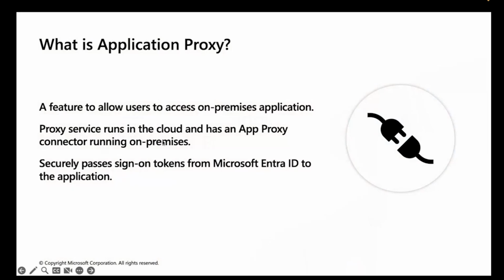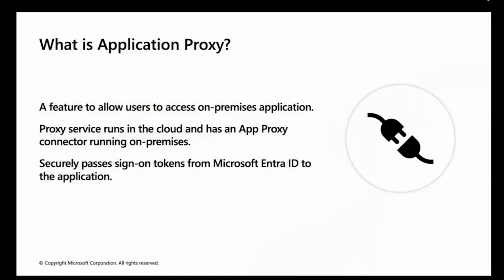So this proxy service runs in the cloud and has an app proxy connector running on premises. So there are two components. The main service is running in the cloud, and we have a connector. That connector is running on-prem, and it gets registered to the proxy service in the cloud.